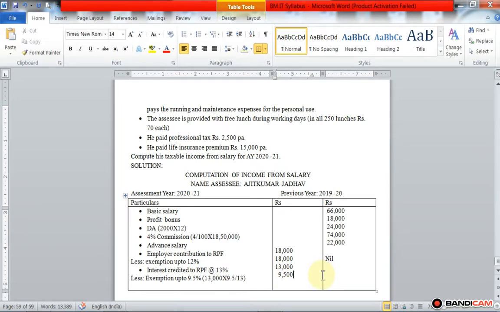So deduct 9,500 from 13,000, we get 3,500 is taxable.